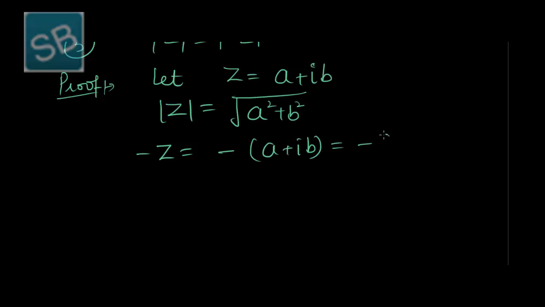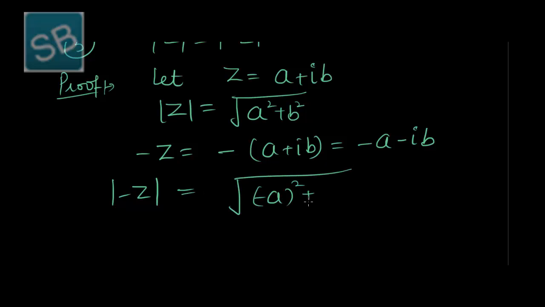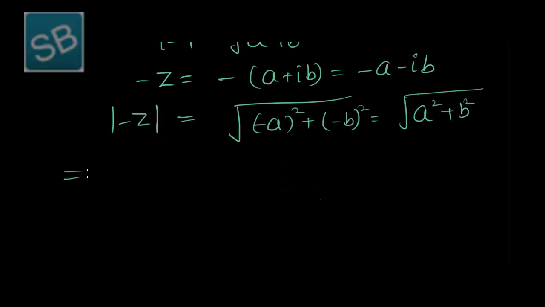It becomes minus a minus ib. So what about its modulus? That is under root of minus a whole square plus minus b whole square. That gives a square plus b square. So from these two observations we get mod z is equal to modulus of minus z. So we get our result.